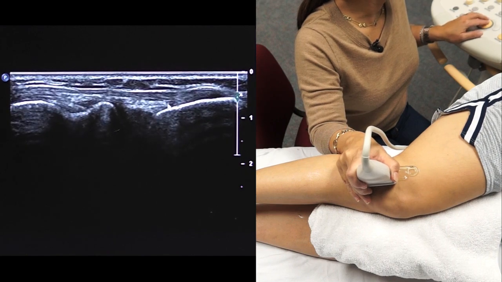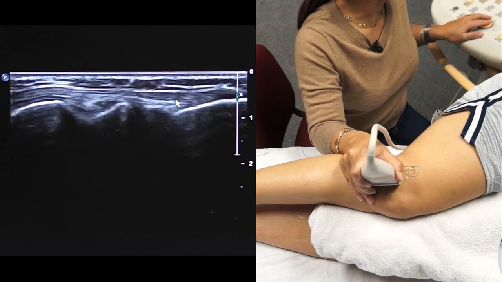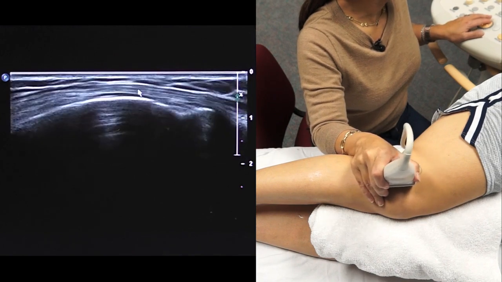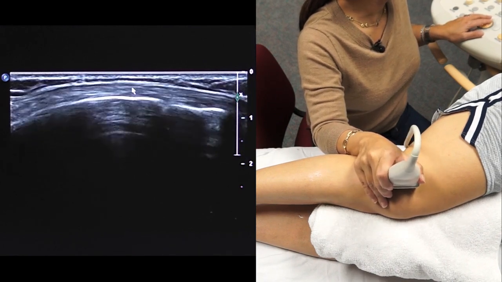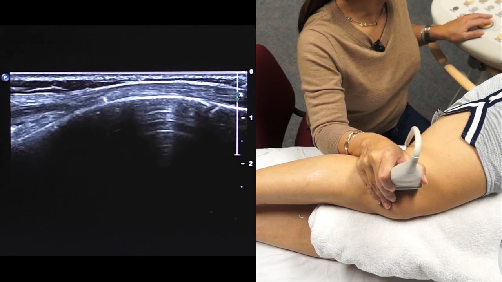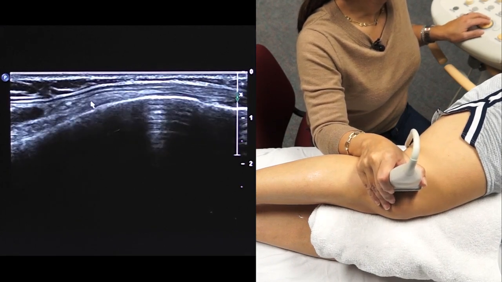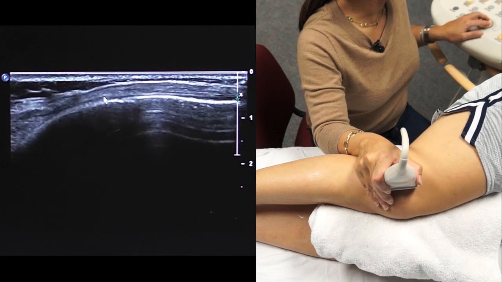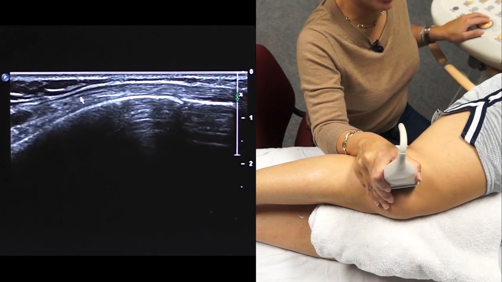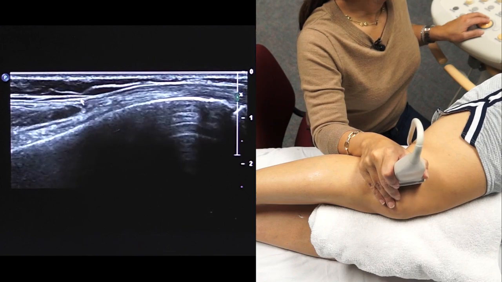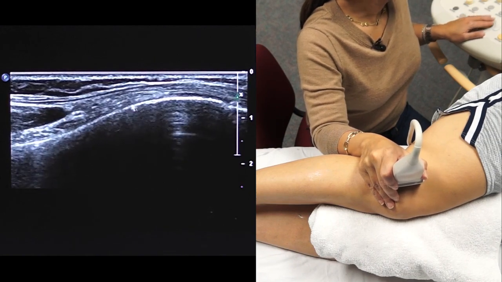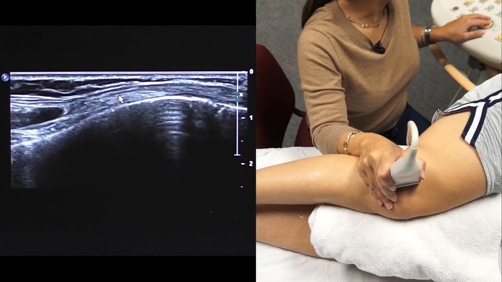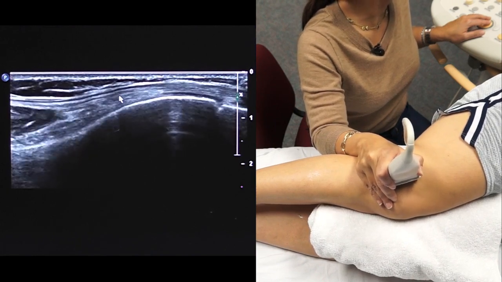Okay, now sometimes you can have pathology at the insertion, but you should again scan the entire tendon in long axis first towards the musculotendinous junction, because some of the times the pathology can occur as it snaps over or as it slides over the distal femur. So you may want to look just deep to the iliotibial band more cranially, as there can be a distended bursa in this location when patients have iliotibial bursitis.